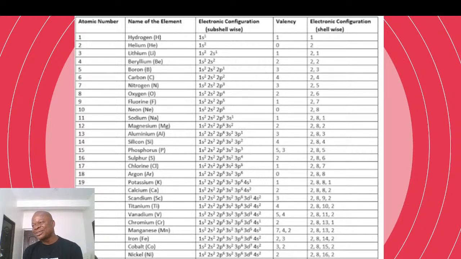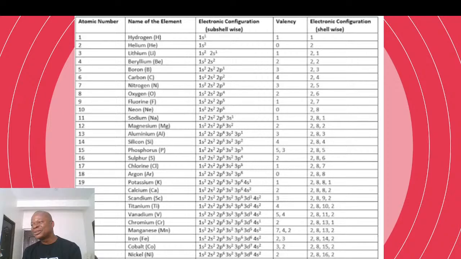In future, we're going to discuss the d block. From elements of atomic number 1 to 20, we did not see the d block coming. What we see there is the s block and p block. But in scandium, we've seen the entrance of the d block.